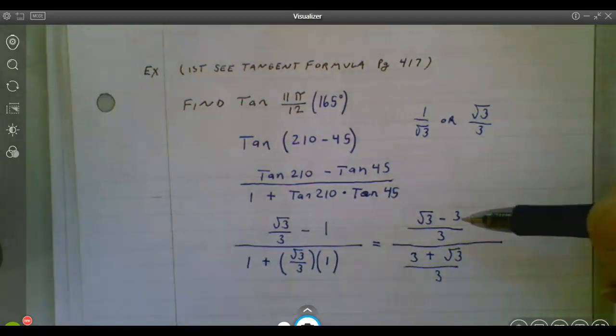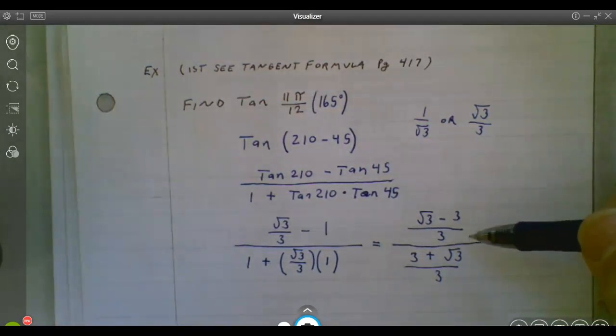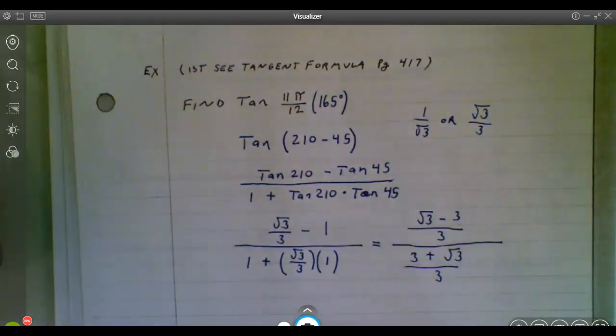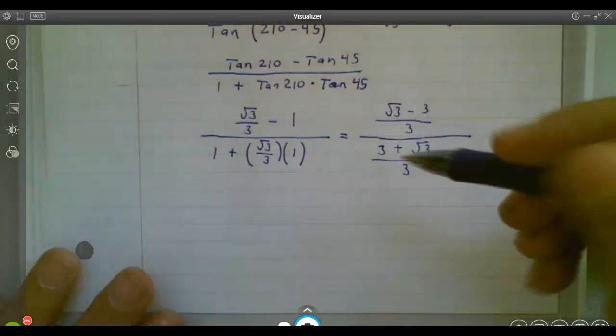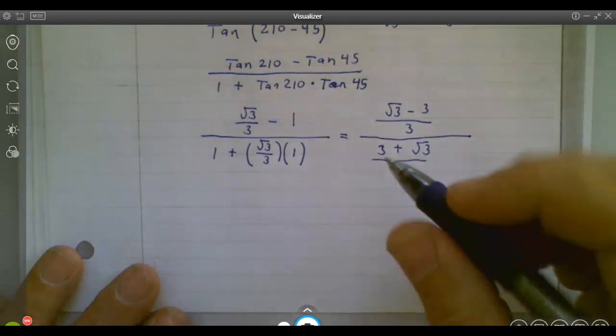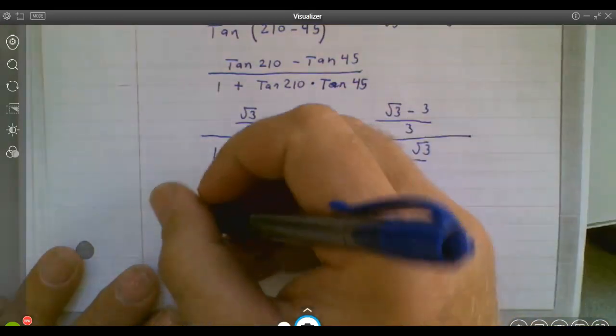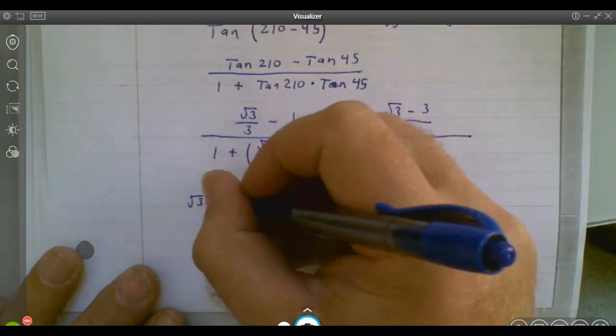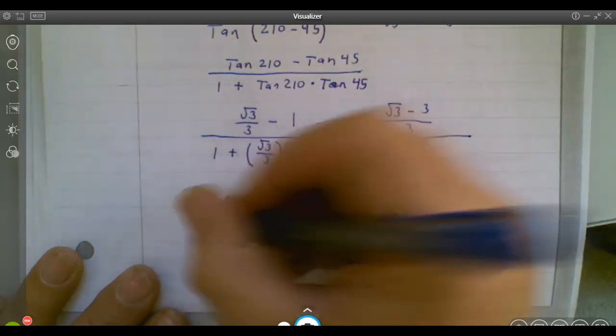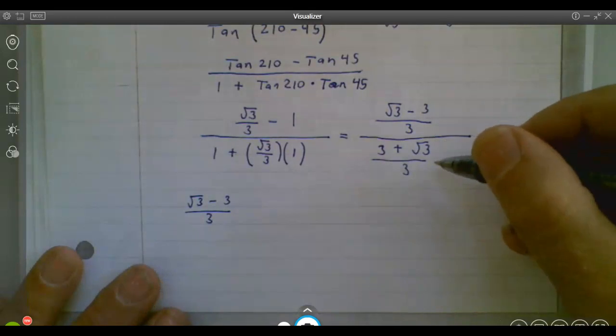If you remember, whenever you're asked to do a fraction divided by a fraction, what was always the rule? You were taught to multiply by the reciprocal, right? So in other words, and I'll just show you in case you don't quite see this process, I'm going to take my numerator, which is rad 3 minus 3 all over 3. So there's the numerator divided by the denominator.